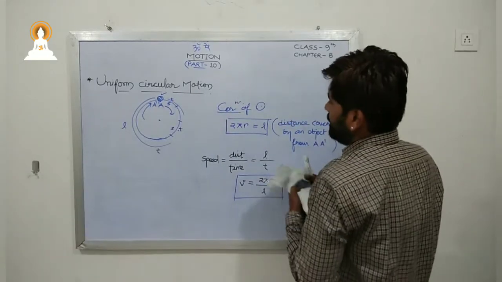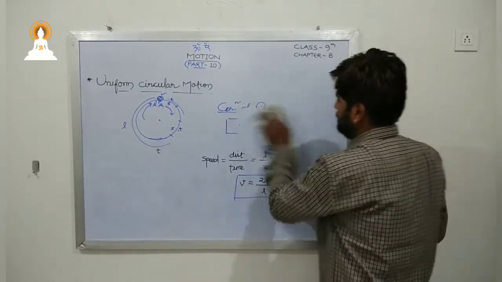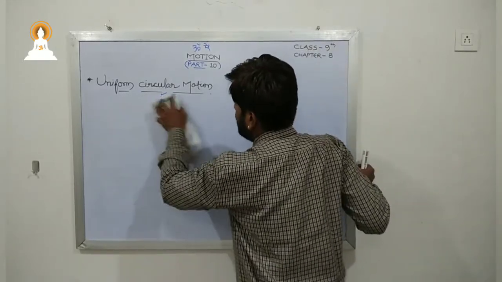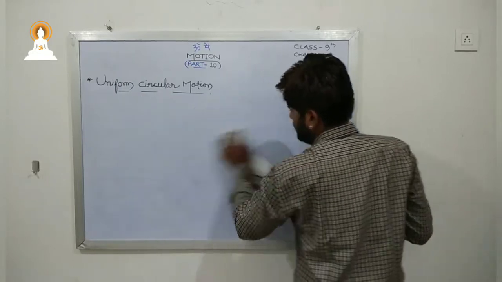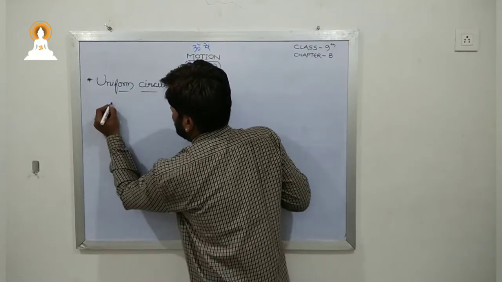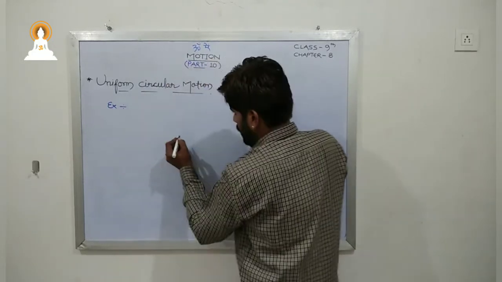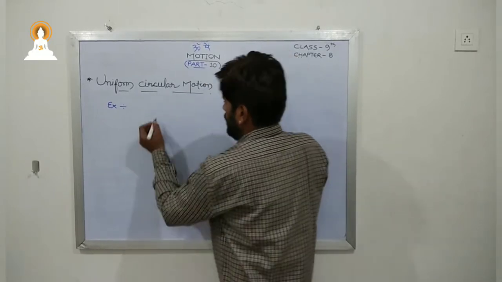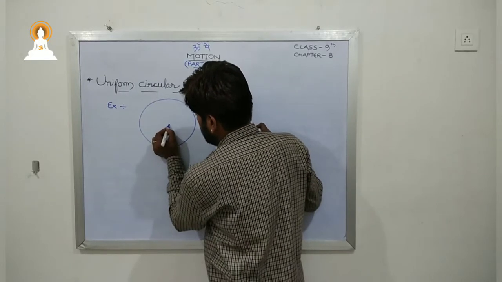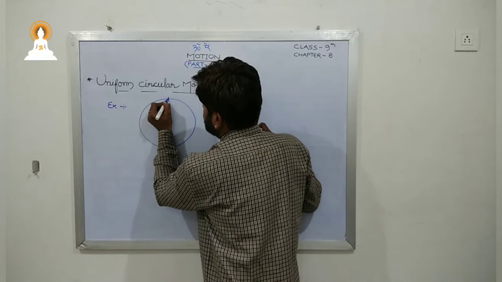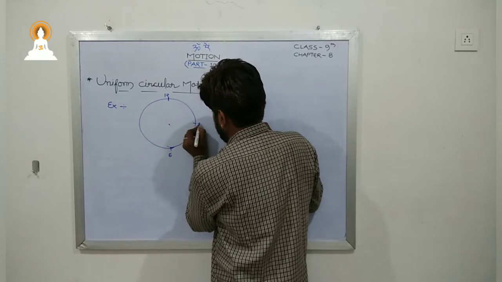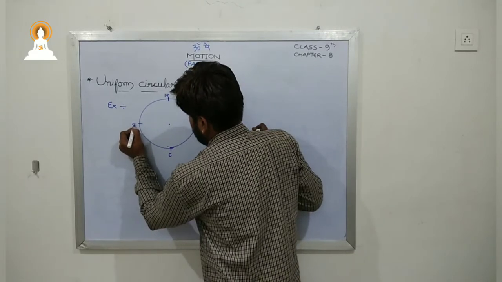Let us take a simple example in which we have a wall clock. See the example. Suppose this is our wall clock. This position is 12, this is 6, this is 3, and this is 9.